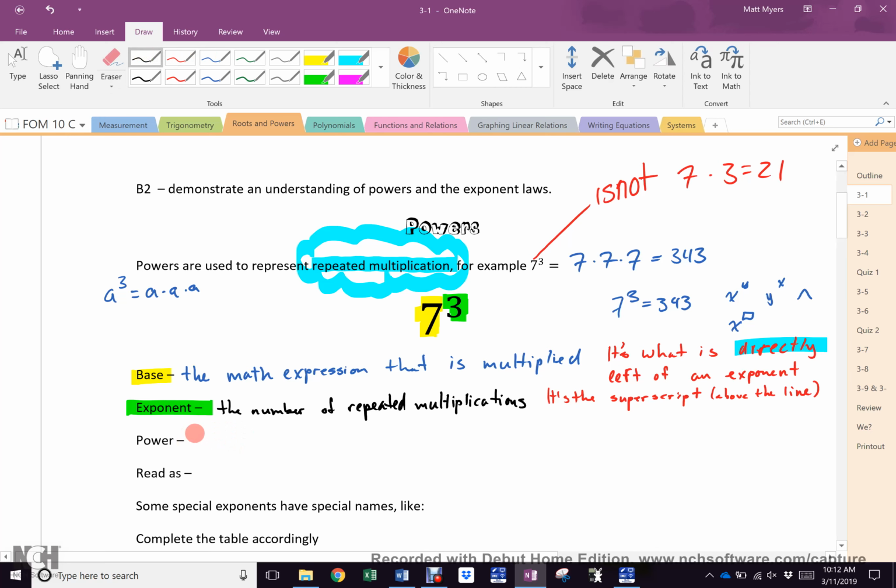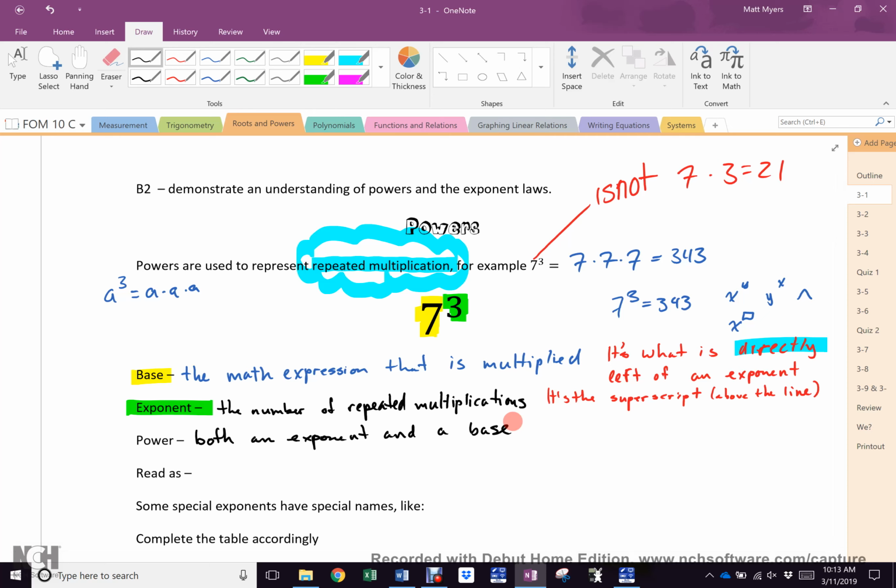The power is both an exponent and a base. Both of them together make the power. The power here is 7 to the 3rd. The power is not 3. The exponent is 3.